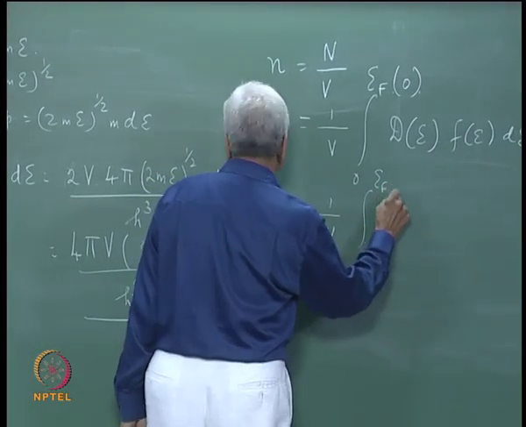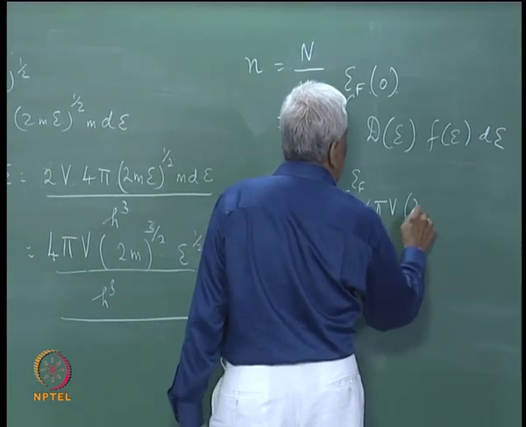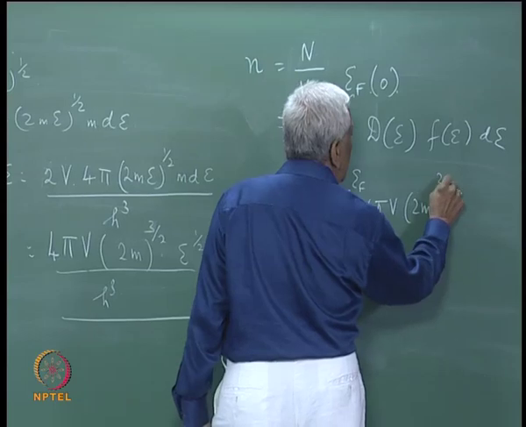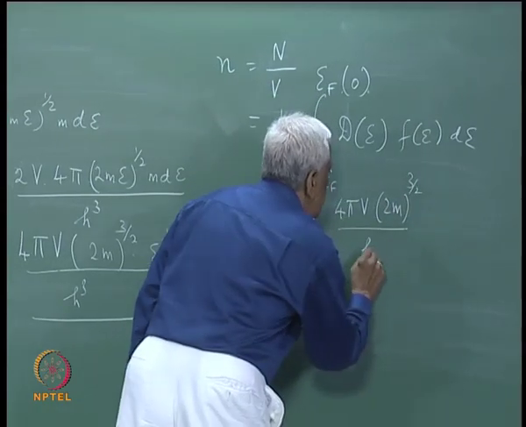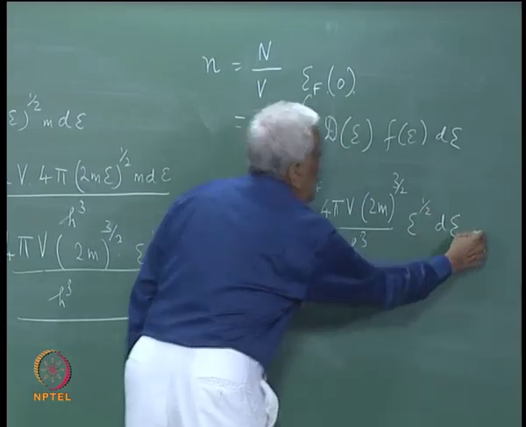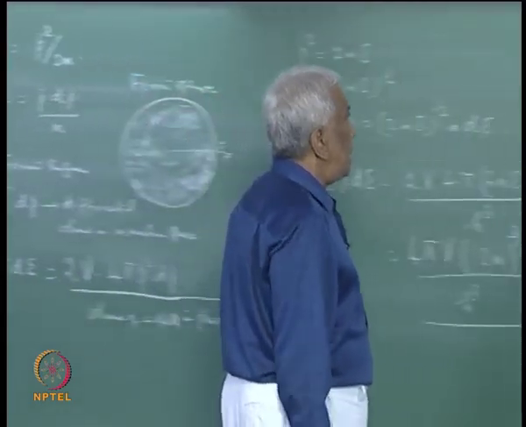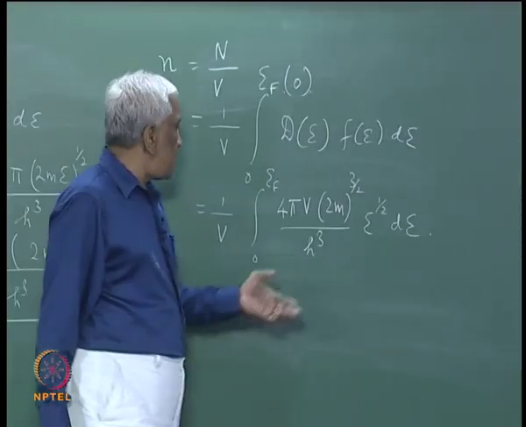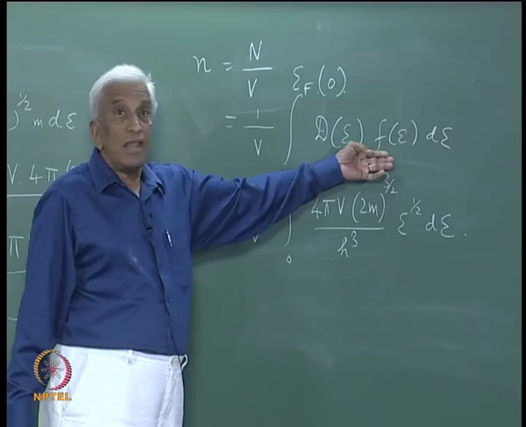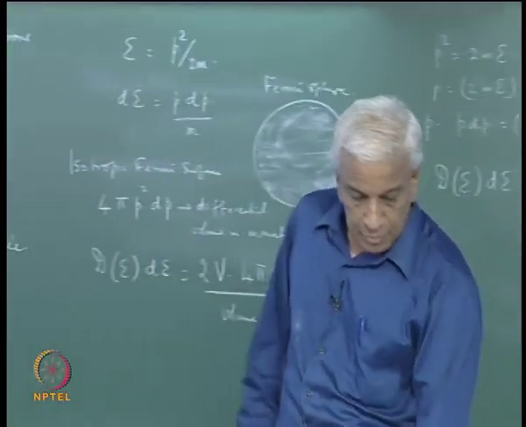So, if I substitute these, 1 by V, 0 to EF, then I have all this 4 pi V into 2m to the power 3 by 2 by h cube E power half dE, and I have removed f of E because this is going to be 1 for all these states. So, it is going to have a value 1 at absolute 0.